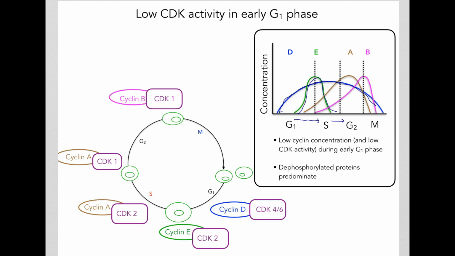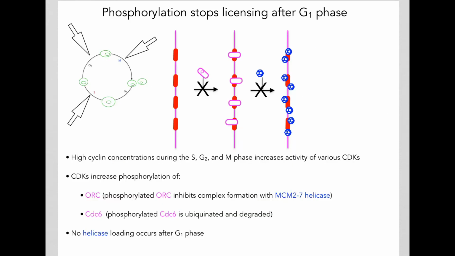After G1, the concentration of cyclins starts increasing tremendously, and with high cyclin concentrations, the CDKs become active and will start phosphorylating several proteins. For example, ORC, when phosphorylated, will inhibit complex formation with the helicase. CDC6, when phosphorylated, will become ubiquitinated and degraded by the proteasome.